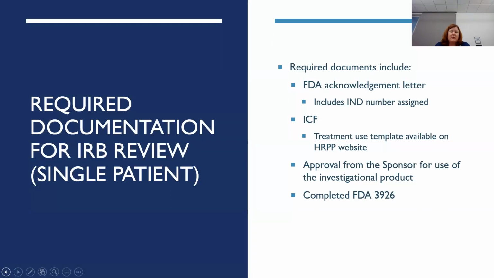You also need to consent the patient, and either the sponsor could have a treatment use template if they provide their drug, or if there isn't one available from the sponsor, there certainly is a treatment use template available on the HRPP website. And then we need some sort of communication from the sponsor of the approval of the use of that investigational product.